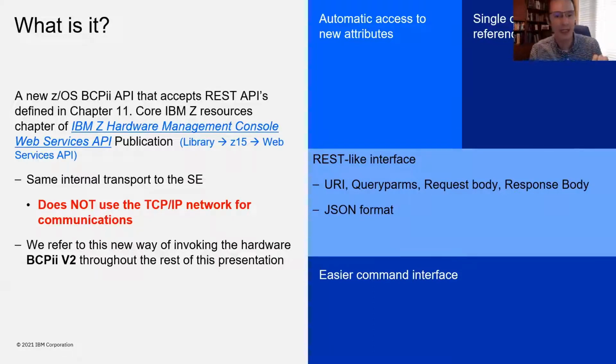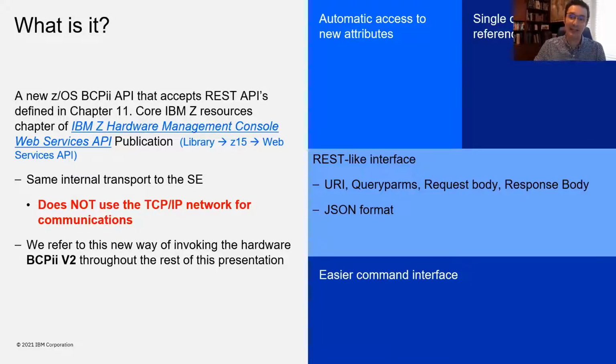BCPii is leveraging the HMC Web Services API interface. So when new hardware comes out, before with BCPii, there might have been a time lag when z/OS BCPii actually supports those new attributes on the new hardware. With this infrastructure, we now have the ability to leverage those new hardware constructs without any changes to z/OS BCPii.